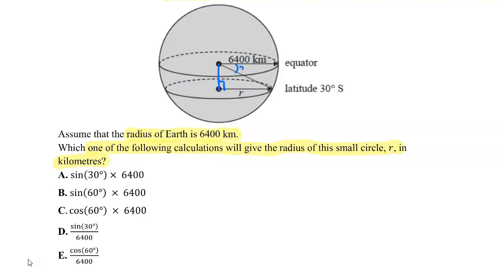There's 30 degrees, so that's 30 degrees. I'll redraw that triangle. So got that R.